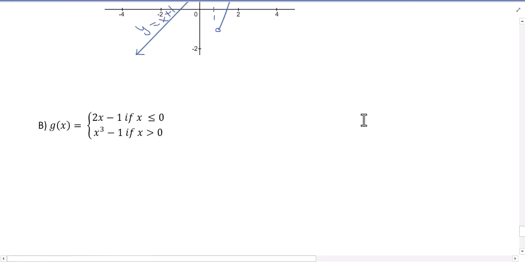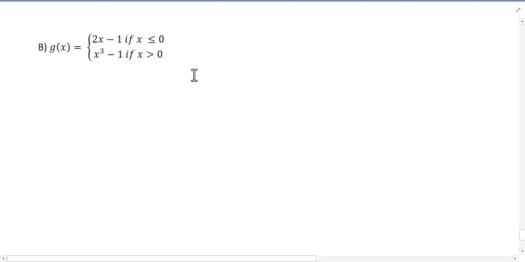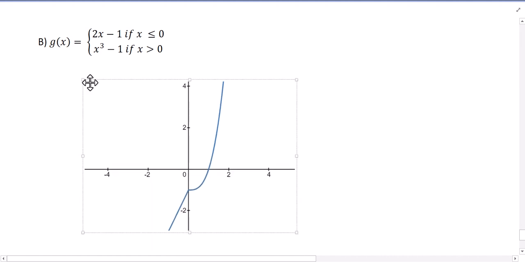Our next example, let g of x be this function, and notice that at 0, we're going to get -1. So I can see the function is going to be continuous, but does that mean that it's differentiable? So let's look at the graph for this function. And this is what it looks like. So at 0, what is happening? Notice that we have a corner there.